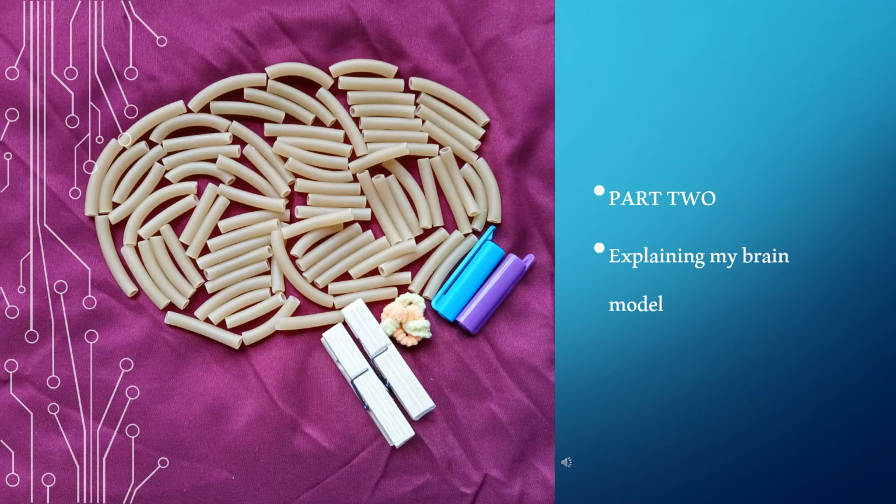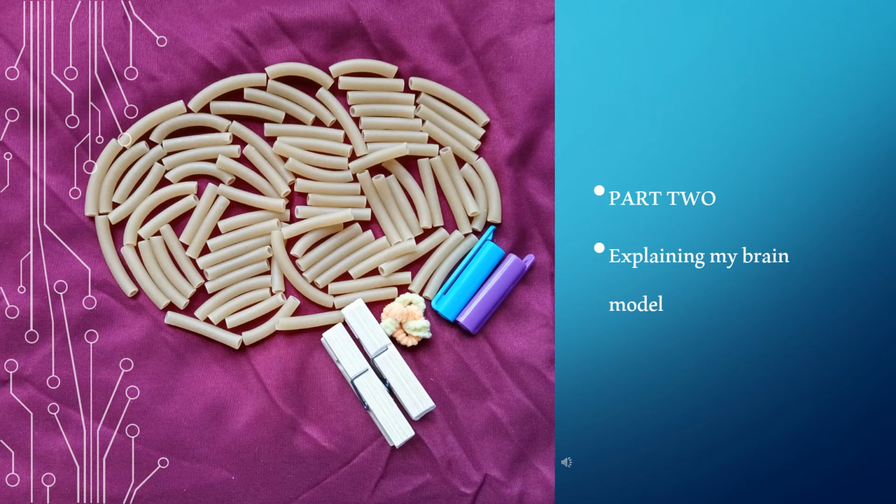This is part 2 of my video. I will be explaining my brain model. For my brain model, I made use of pieces of macaroni, Staedtler pen caps, hair ties, and plexes. And how I would interpret my brain model would be as follows.